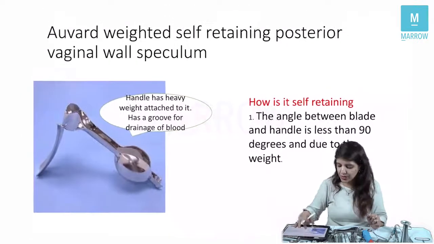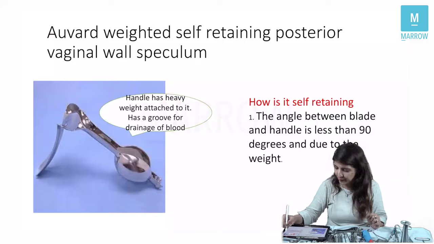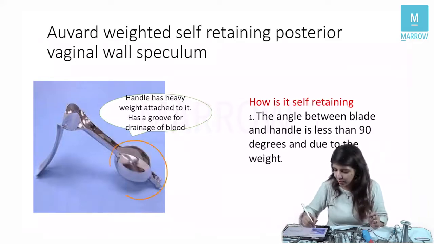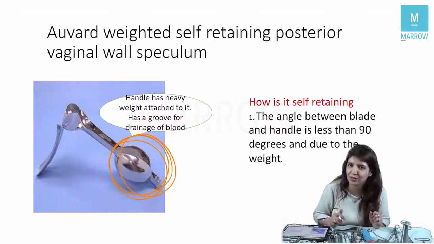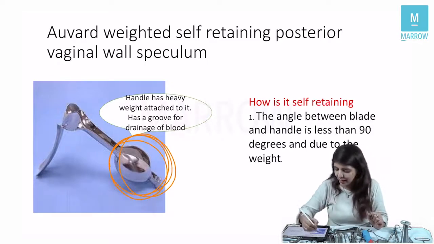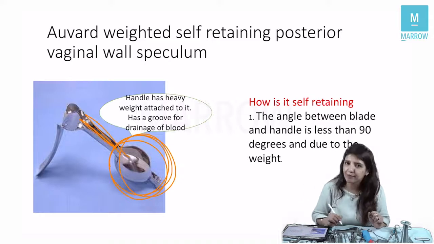Now, if you see this speculum over here, it is very easy to identify because this is the only speculum which will have a very heavy weight attached to it. So no difficulty in identifying this instrument, and again it has a groove and that groove is for drainage of blood, right? Now how is it self-retaining?